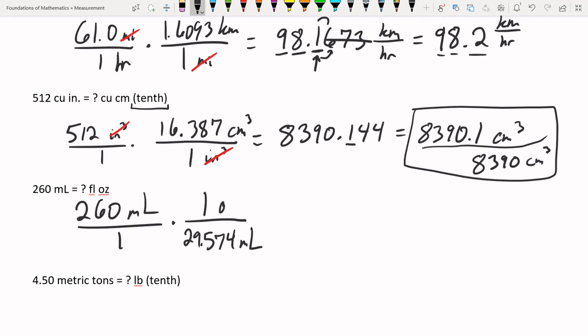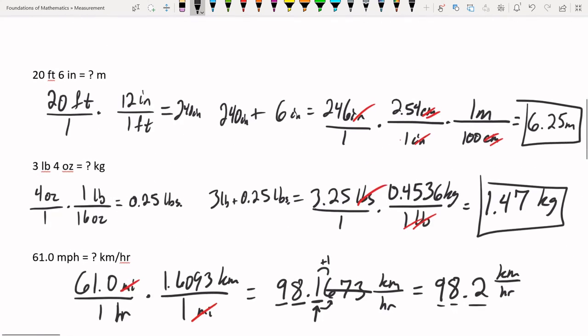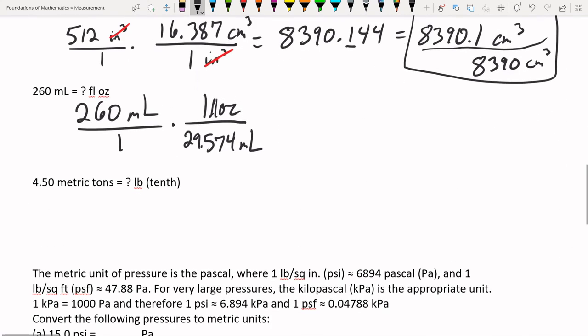And that's 1 fluid ounce, of course, as opposed to a weight, a mass ounce. Okay, all we have to do is then divide 260 over 29.574. That gives us 8.791506 fluid ounces. We have 2 significant digits there, so we want 2, 1, 2 there.